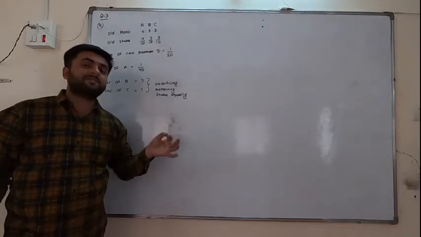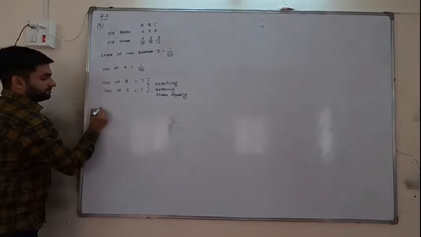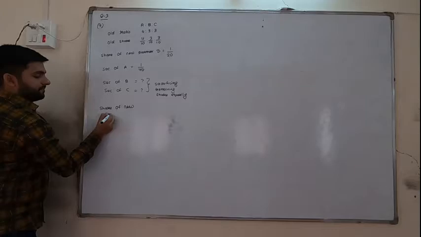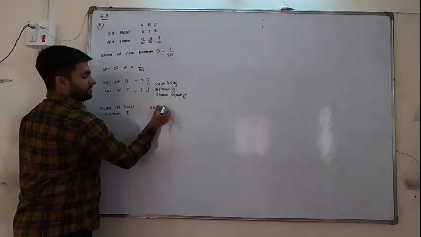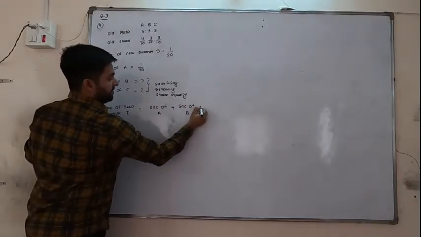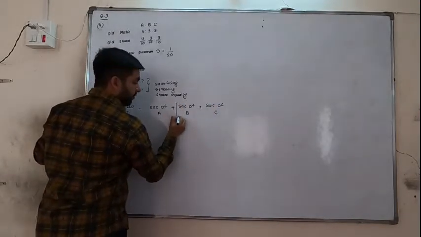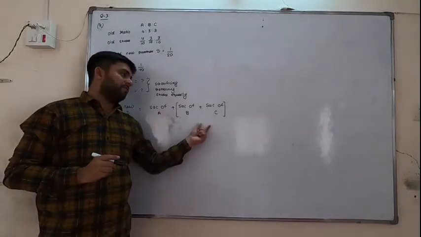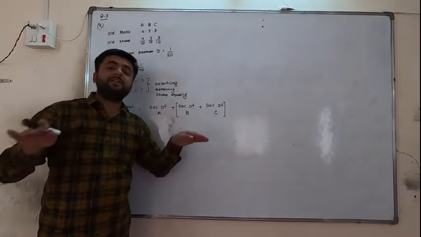Now how to do this sum? Please listen very carefully. We have this formula. Share of new partner D is equal to, here there are 3 partners, so sacrifice of A plus sacrifice of B plus sacrifice of C. Now we don't know both of these, so we will keep them in a bracket. We first find their total, and then they will divide it equally.